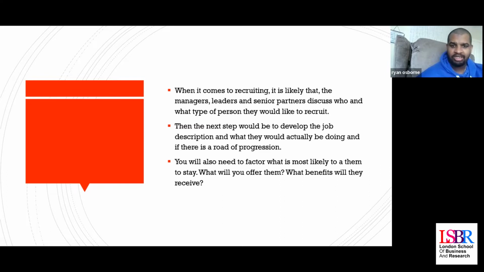And that is what senior partners have to look at when they are putting together the actual job description itself. So they may come together and decide, okay, once you hire person A, we're going to get him on some training, and then we're going to give him a lot of other training, and then we're going to see what he is doing.